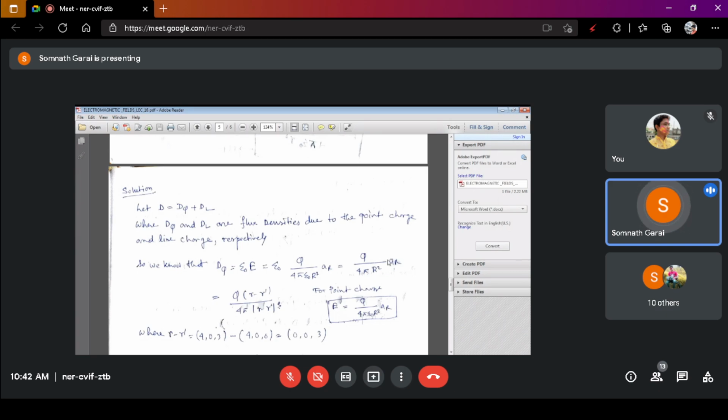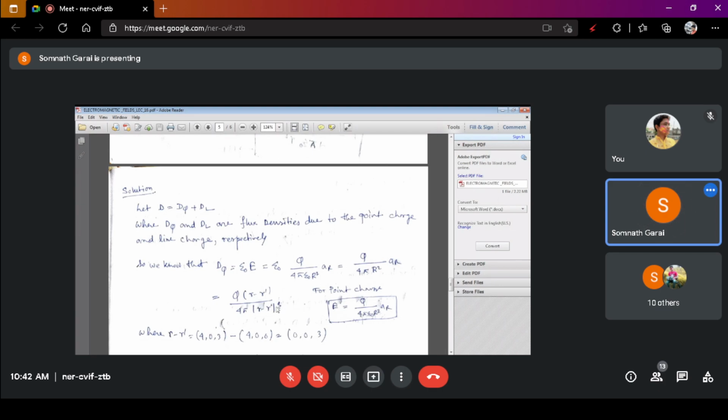Now we express this r unit vector with respect to vector distance, that is small r minus r dot divided by mod of small r minus r dot. We have already studied this, right? So this AR is represented as small r minus small r dot divided by mod of r minus r dot.